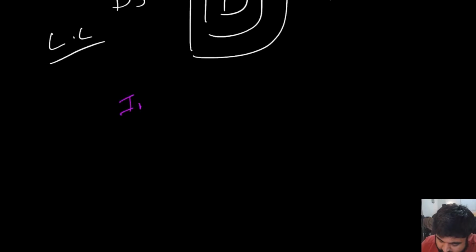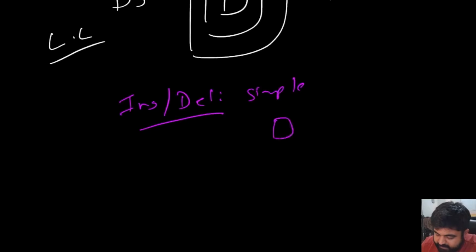Second, as we already said, insertion and deletion are quite simple. So if you know that you are going to do a lot of insertions and deletions at the beginning of the linked list, and append added values at the back side, then this becomes a great option to implement.